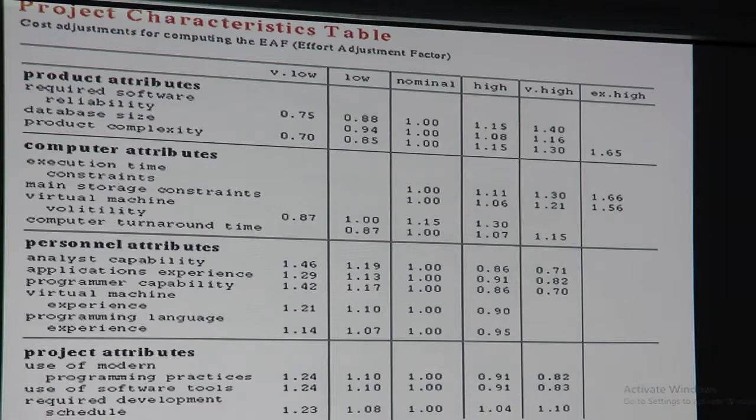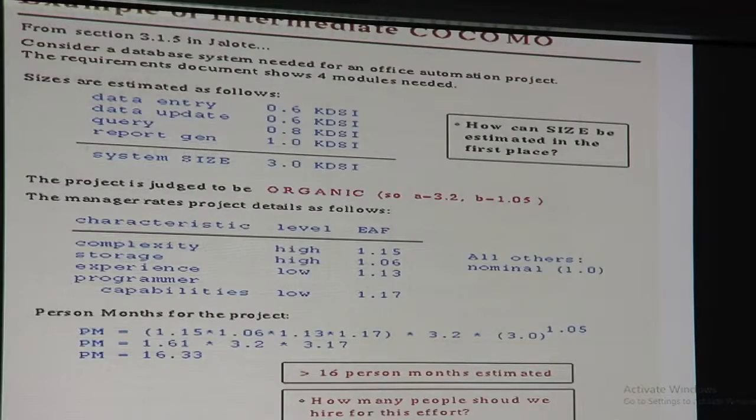Whereas in personnel attributes, applications experience is low, and hence in the second line, second column, it is 1.13. So that is how the low programmer experience gives 1.13.